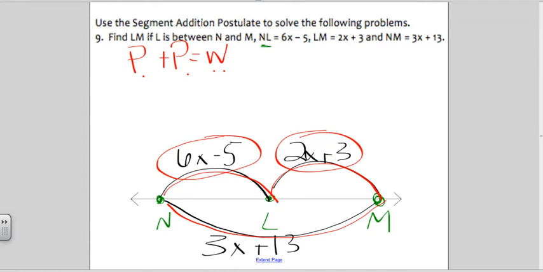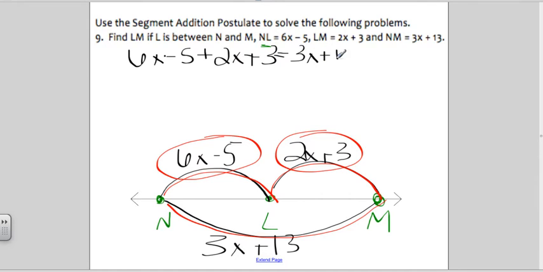So I'm going to erase this, hold on, so I can write down my equation. So I'm going to have 6x minus 5 plus 2x plus 3 equals 3x plus 13.